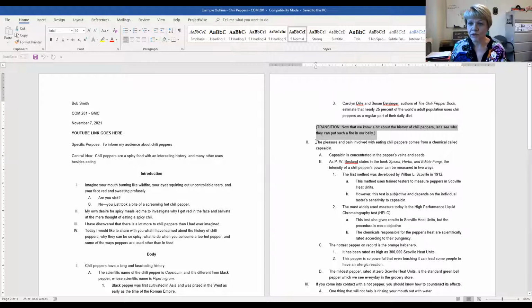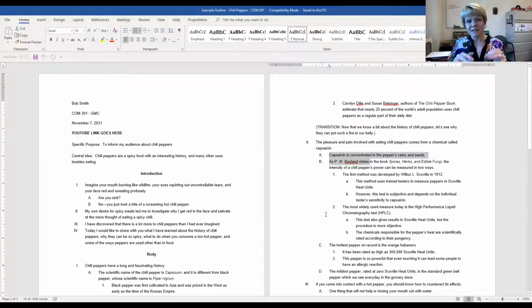We go to main point 2, and the pleasure and pain involved with eating chili peppers comes from a chemical called capsaicin. So anything having to do with the spiciness of peppers and how the spicy reaction happens, that goes into this main point. Your most important information, remember, is in the A, B, C, D section, your capital letters.